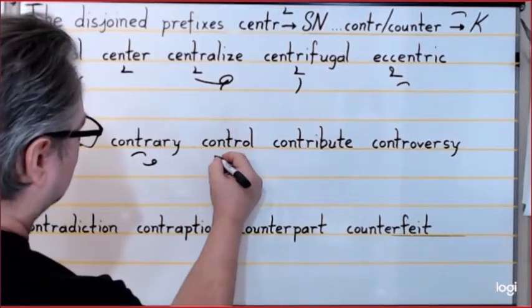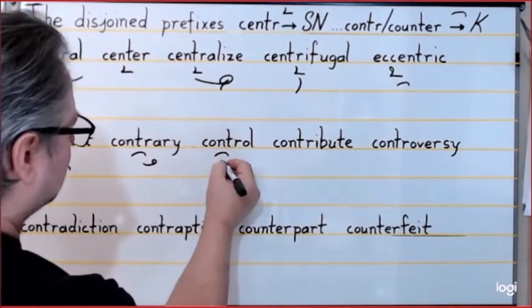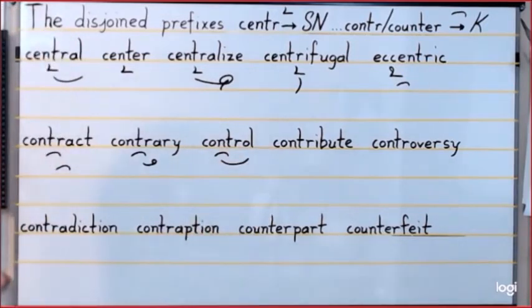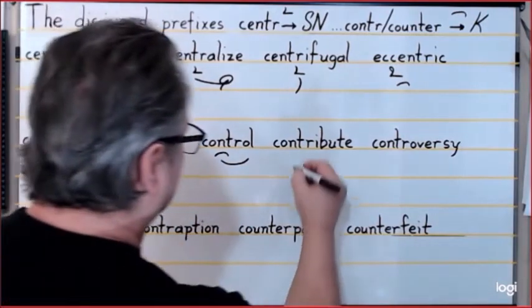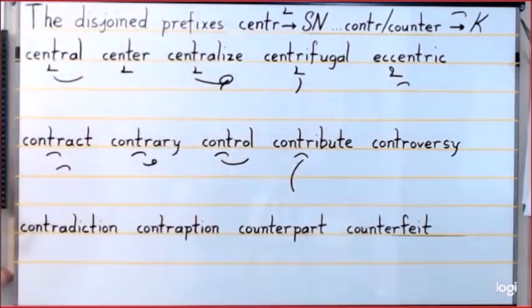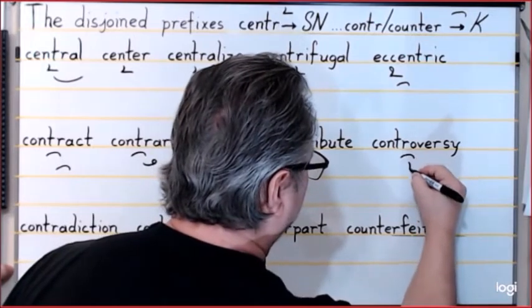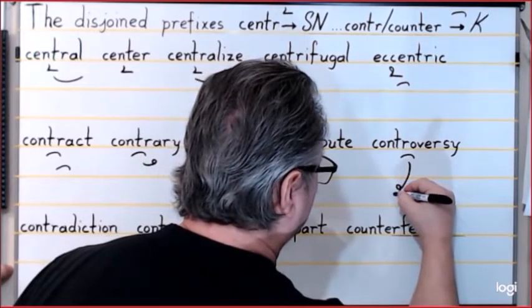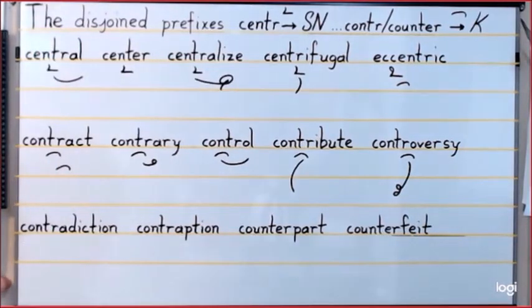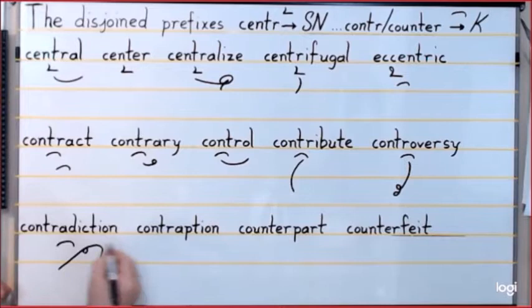Control is a K, again for the contra here, and then an L. For contribute, it is a K and a B. Controversy is a K, then a V, E, S, E. For contradiction, it is a K above the line, and then a D, an I, a K, and the SH for the shun at the end.